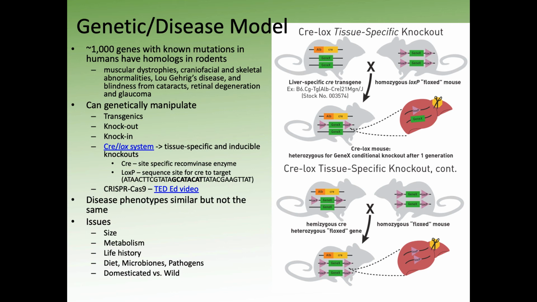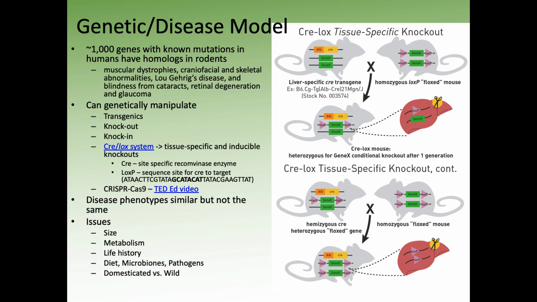And we've done that through being able to genetically manipulate mice. Mice, again, are easy to breed in the lab, and they've been one of the main sources of focus for looking at things like genetic manipulations.